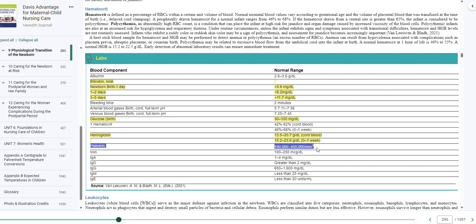So you need to have these memorized. If you want to take a picture of that on the screen, screenshot it, whatever you need to do, but those are the ones that you need to know.